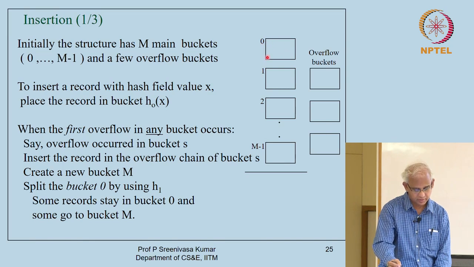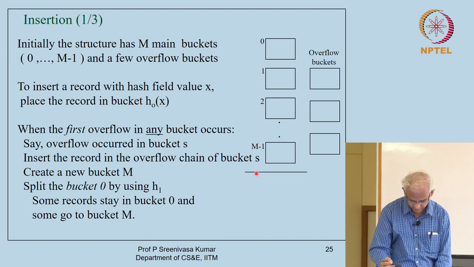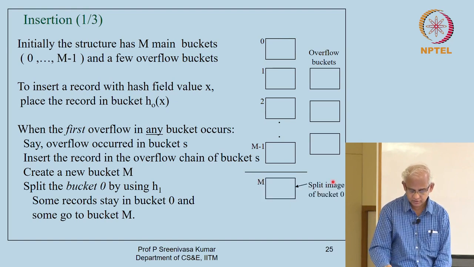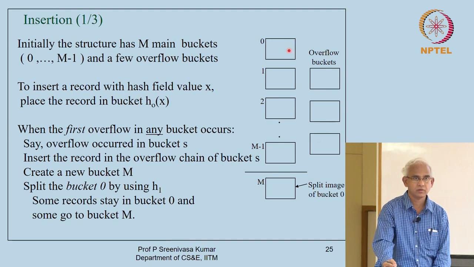So, when you take H1, which is x mod 2m, you take the records that are here and rehash them with H1. Some of them will have 0 as a hash value, some of them will have m. So, now we create a new bucket M. This is going to be called the split image of bucket 0.